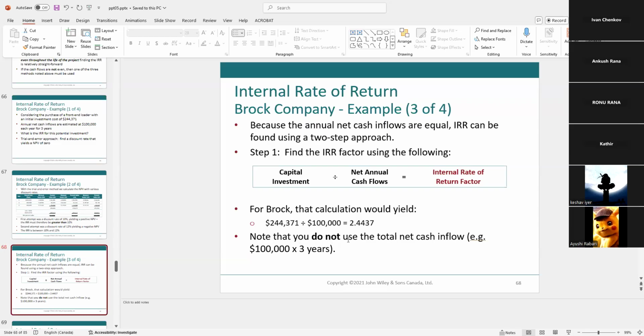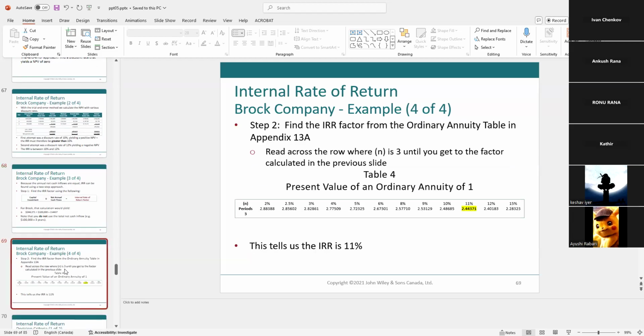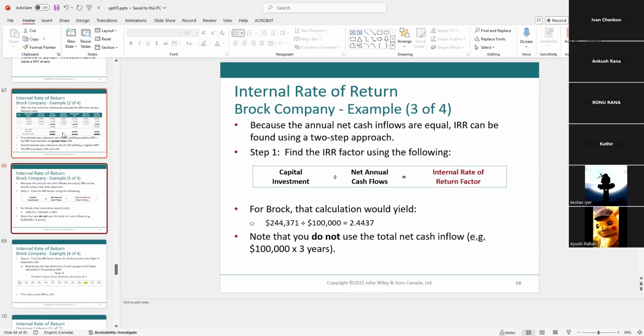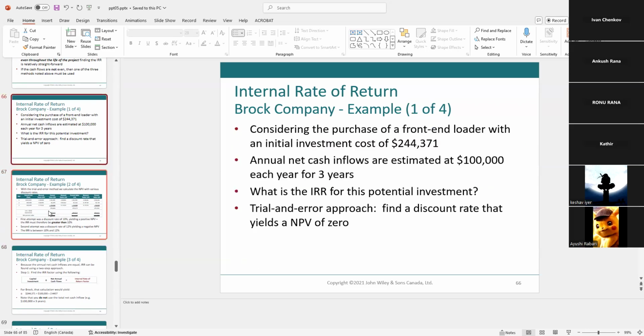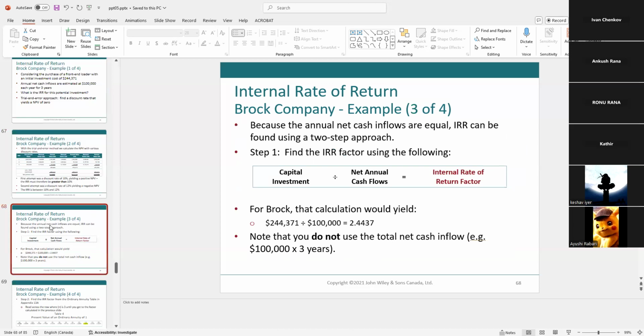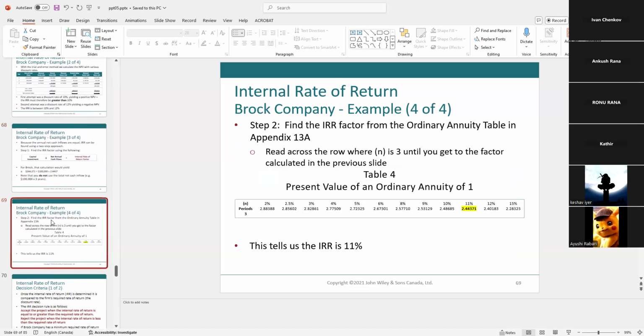Note that we do not use the total net cash inflow. So basically where we're going with this, we're getting the annuity. This is another way to get it. That's too complicated. The easiest way, as I showed you, is to go to the Excel spreadsheet and get it from there.